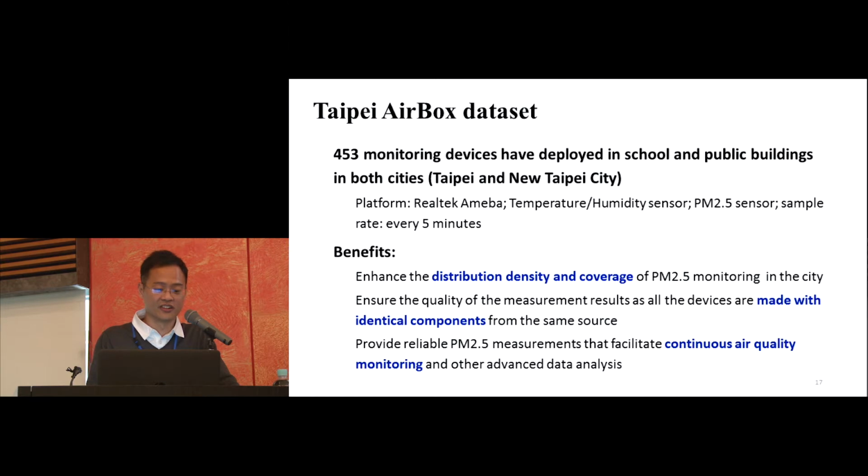And we can ensure the quality because all the devices are made with identical components from the sensors, so the quality can reach a specific level. Next, they can provide reliable PM2.5 measurements that facilitate continuous air quality monitoring and other advanced data analysis. So we can say this is big data we can use.